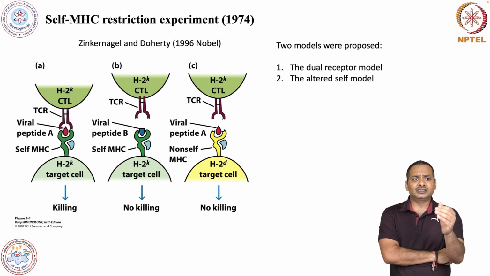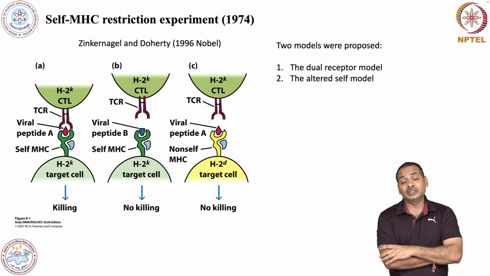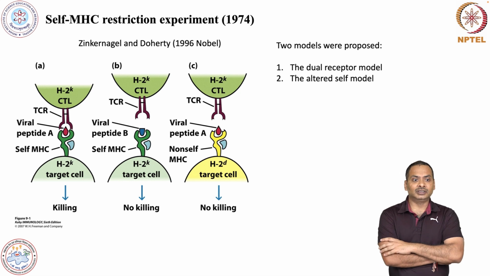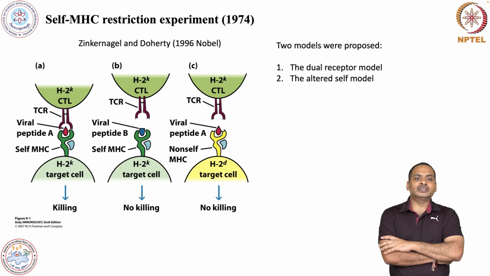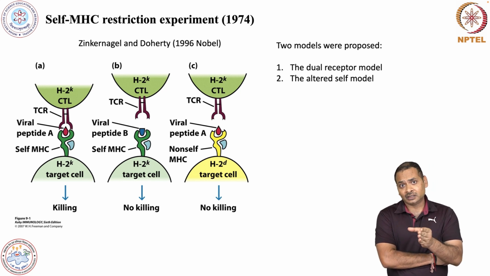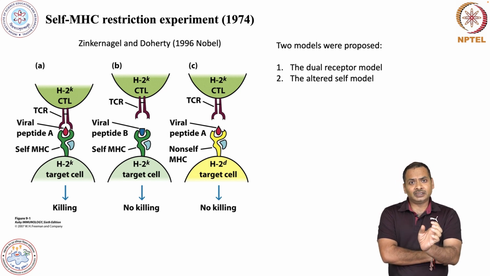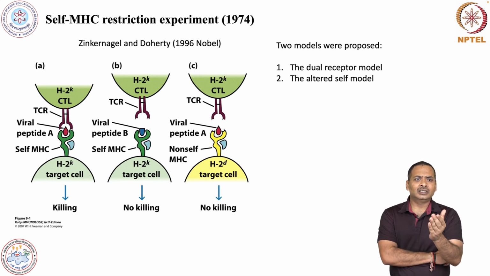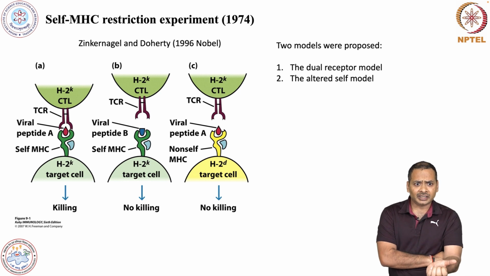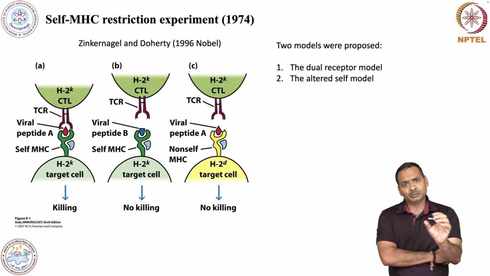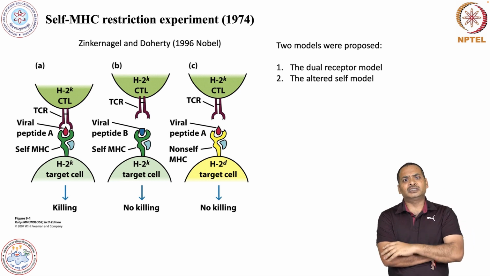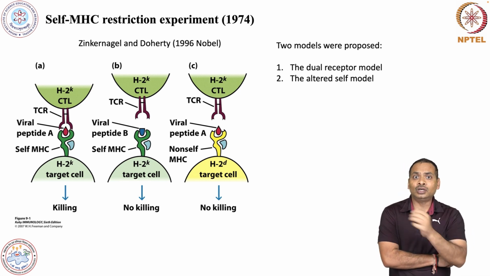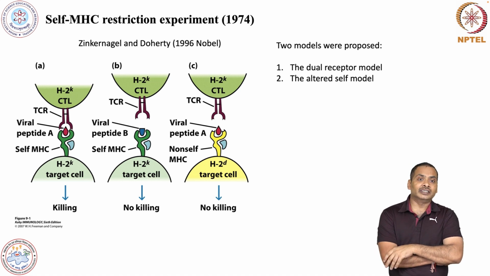Try to understand that this T cell is basically a cytotoxic T cell. Okay. In case B, the antigen is different. The MHC is the same in the T cell and the target cell, but the antigen is different. The T cell is not specific for that antigen, so it will not kill the target cell.